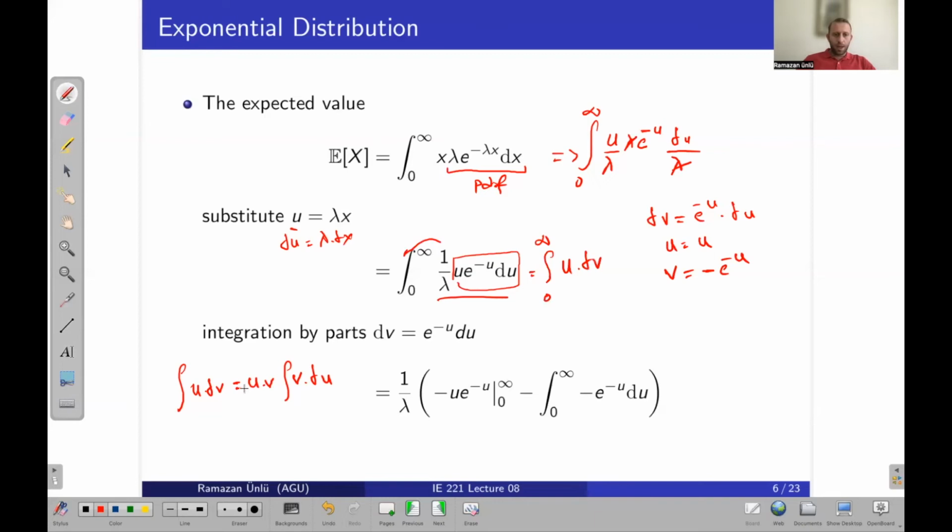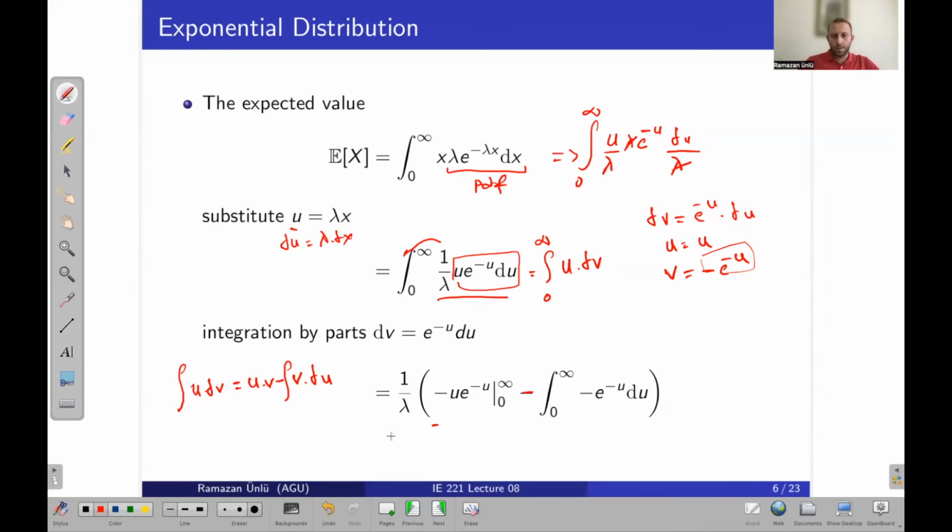So let's apply this formulation. That will be u times v, that will be minus u times e to the minus u, which is v, and this minus sign is coming from this minus, okay?